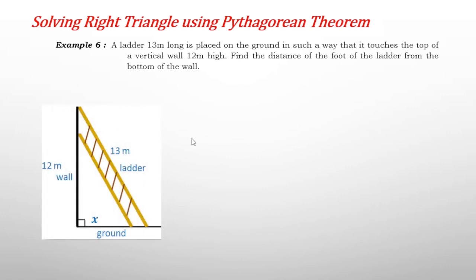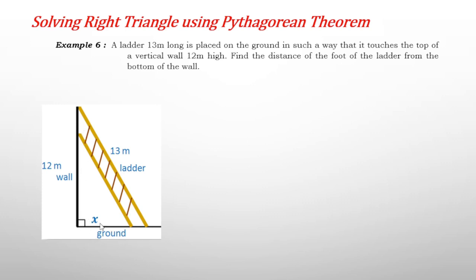So as we are going to illustrate now, this is the vertical wall that is 12 meters high. And this is now the ground, which is the unknown, and the length of the ladder, which is 13 meters. So as you can see, the illustration is associated with a right triangle, because this is a vertical wall.